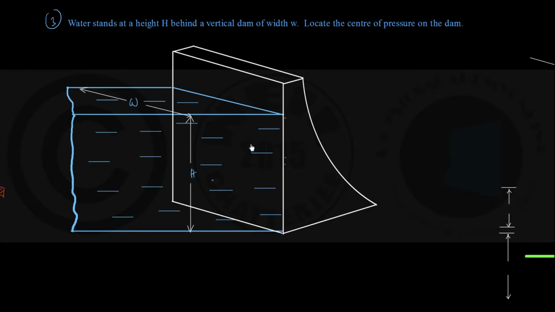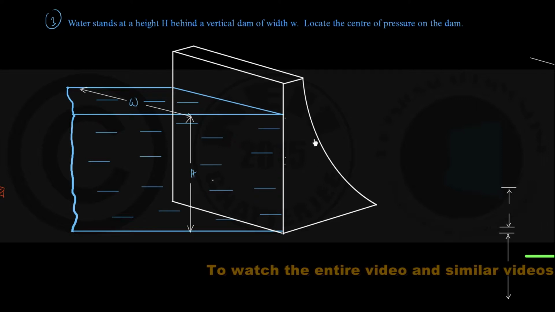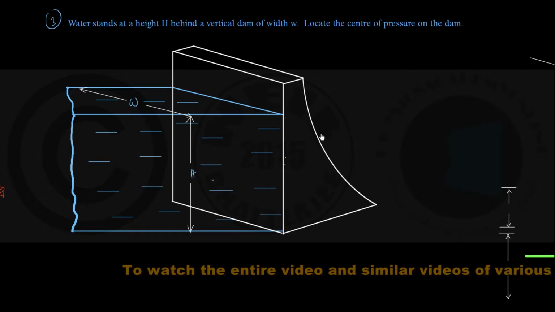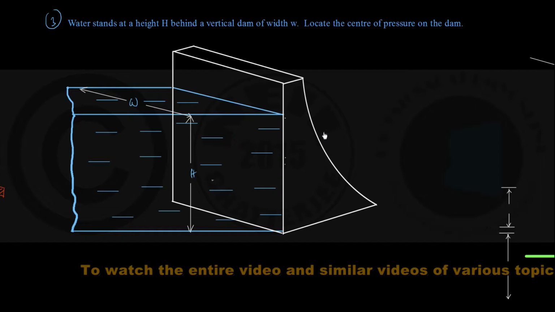Water standing on the left exerts a pressure on the dam to the right, a sum of atmospheric pressure and hydrostatic pressure. On the other hand, the air on the right of the dam exerts atmospheric pressure towards the left onto the dam. So when you go for the net force acting on the dam, this atmospheric pressure term will drop out from the calculation. We shall see that in due course.